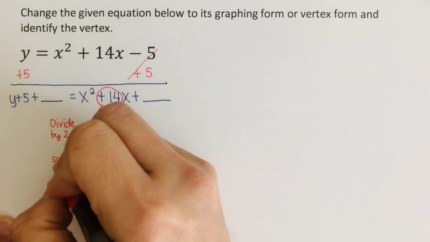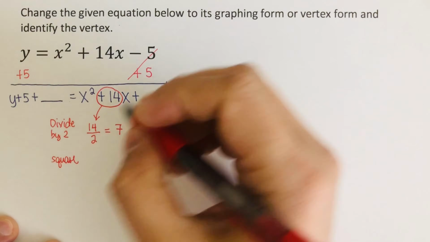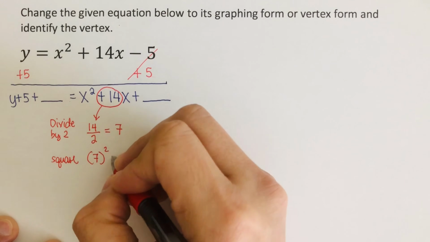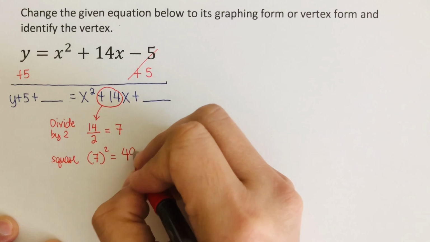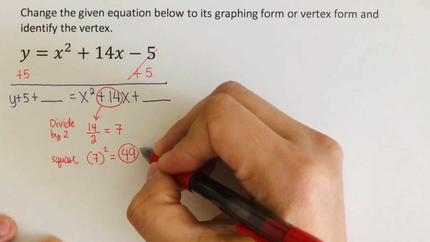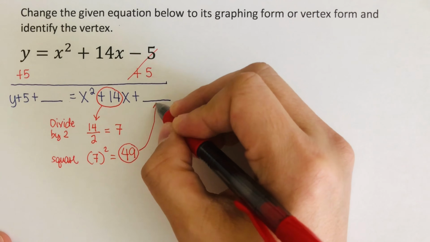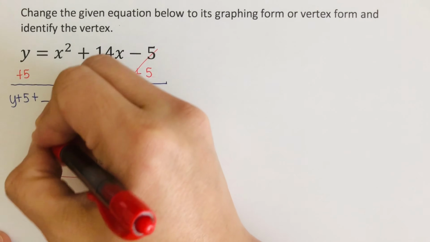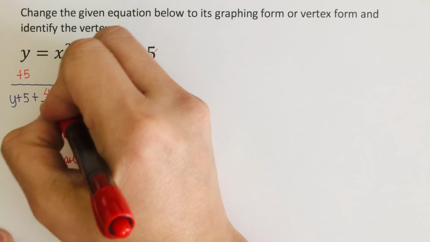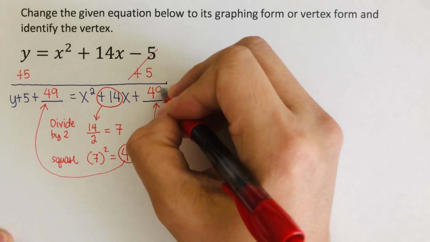So 7 squared is 49. This 49 is the number that we add on the blanks. So we are going to put 49 on both blanks. So plus 49 and then plus 49.